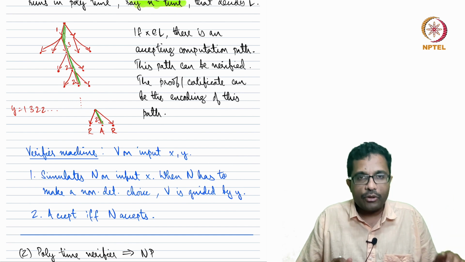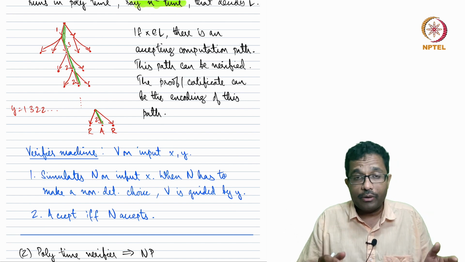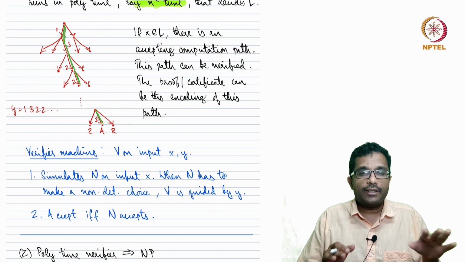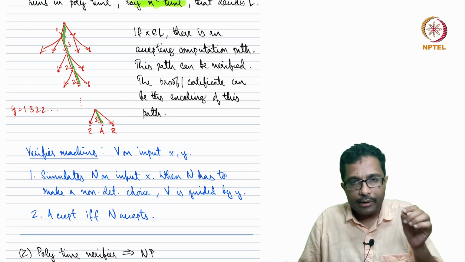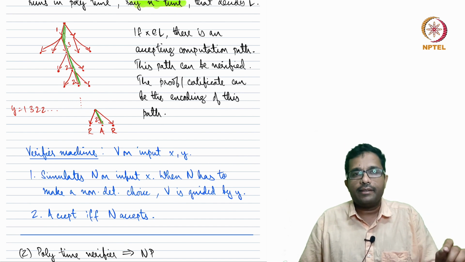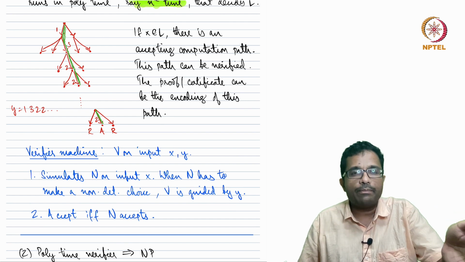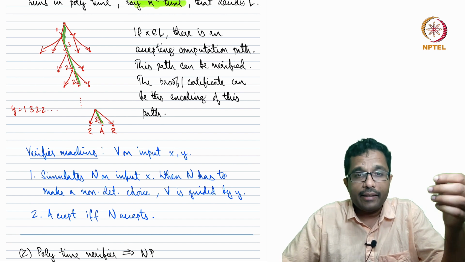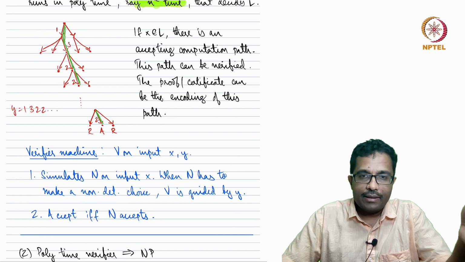So the verifier Turing machine, which is deterministic, just simulates N, but does not entirely simulate N. It only simulates one computation path of N, which is given by the string y. So y is telling which path to simulate, and if it leads to an acceptance, the verifier accepts.